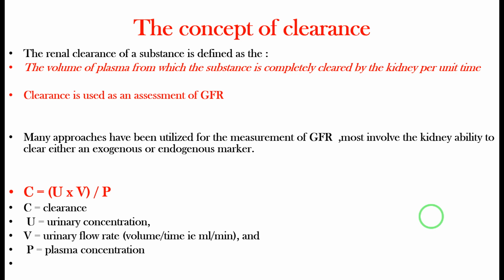We have a certain equation to measure the clearance, which is the urine concentration of a certain substance multiplied by the volume of the urine per time, and then it is divided by the plasma concentration of the same material.